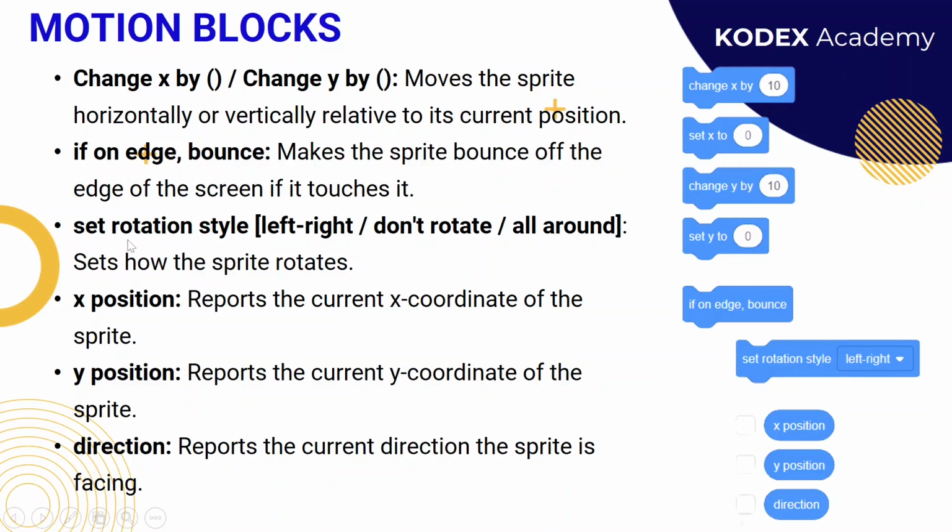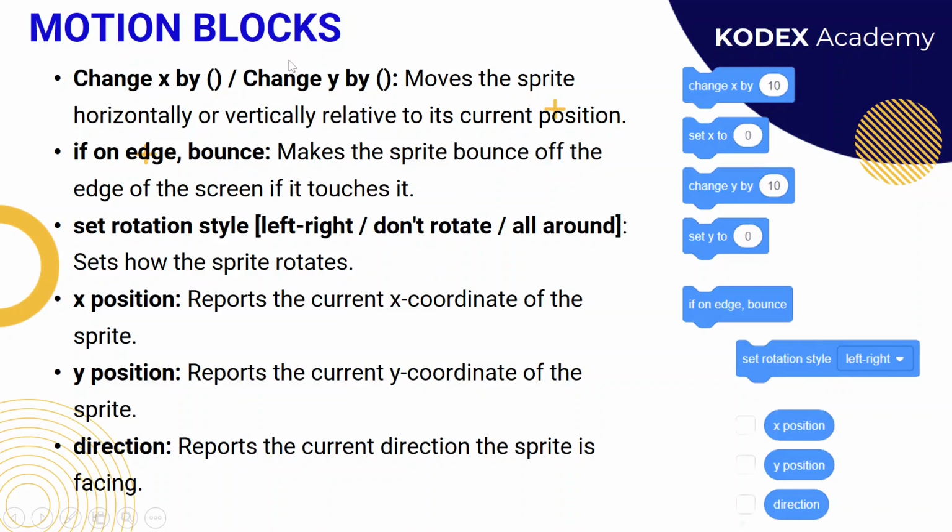Now the next one is set rotation style. Means whenever you want to set the rotation style of the sprite, either it moves in a left to right direction, or it should not rotate, or it rotates in all directions, how it will move around the whole screen. So you can set the rotation style of your sprite. Now here this will show the X, Y and direction position of the sprite in the current way.